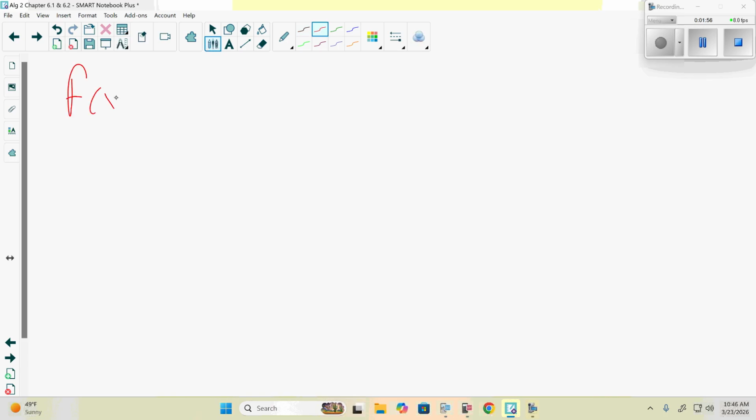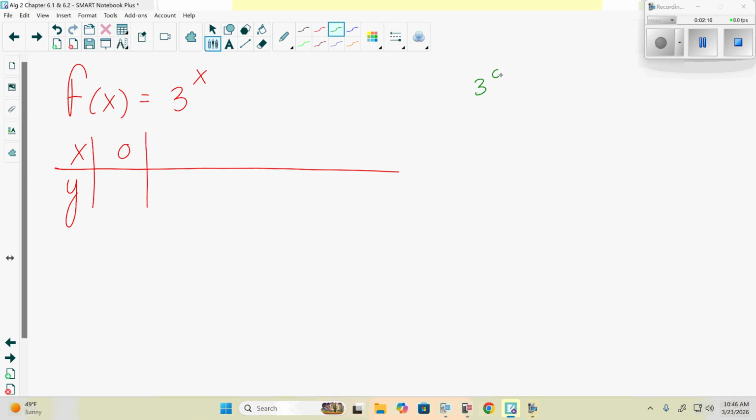So if we use, say, f of x equals 3 to the x, this would be considered exponential growth because our base b is bigger than 1. And the reason it's exponential growth: if x is 0, so we're saying 3 to the 0 power, you don't have to write this down, anything to the 0 power is 1. So when x is 0, y is 1. Now when x is 1, it'd be 3 to the first, which is just 3. And so far, all we've done is increase from 1 to 3.